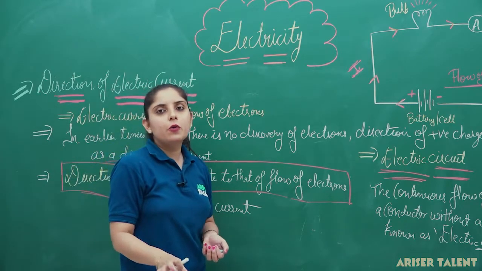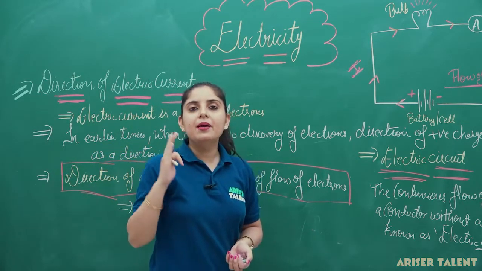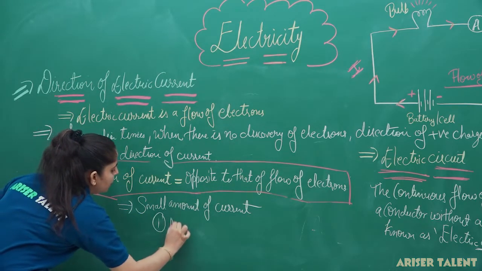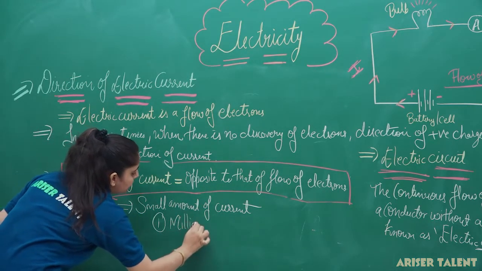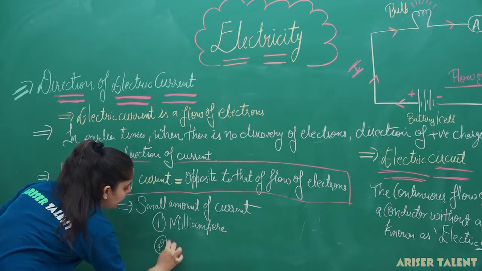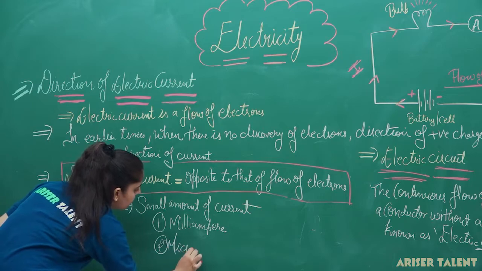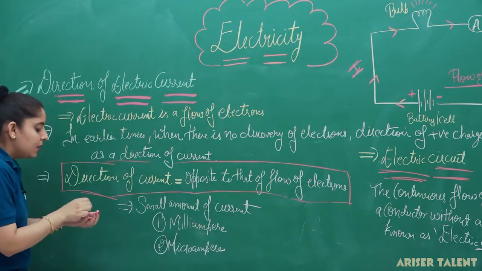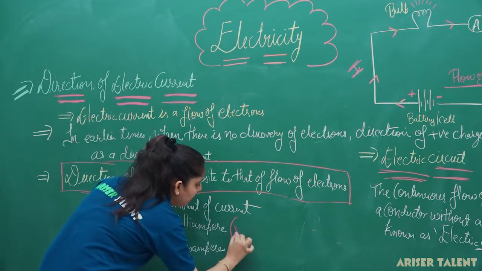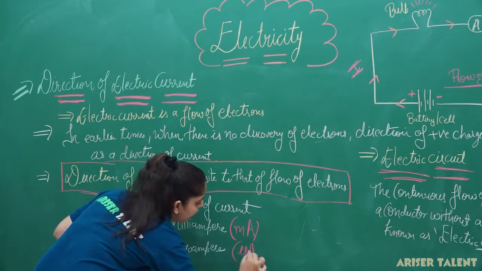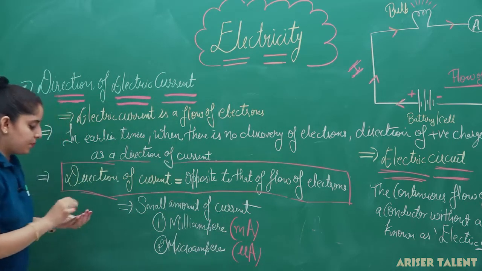I will use the units milliampere and microampere. So for calculating a small amount of current, we have two units, milliampere, and the second unit we have is microampere. Now this milliampere will be denoted by the symbol small m capital A, and microampere will be denoted by the symbol like this.